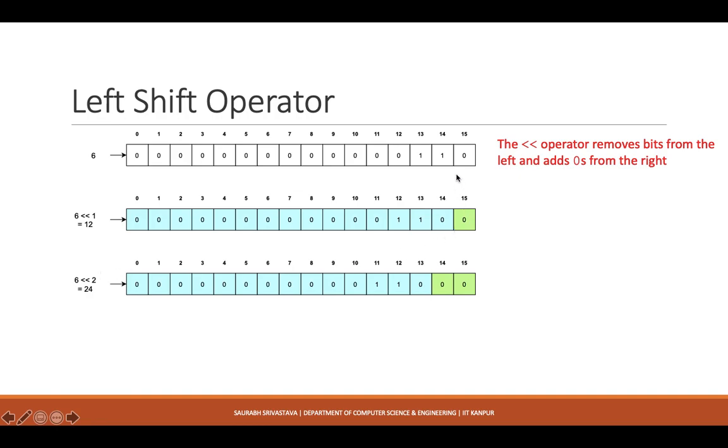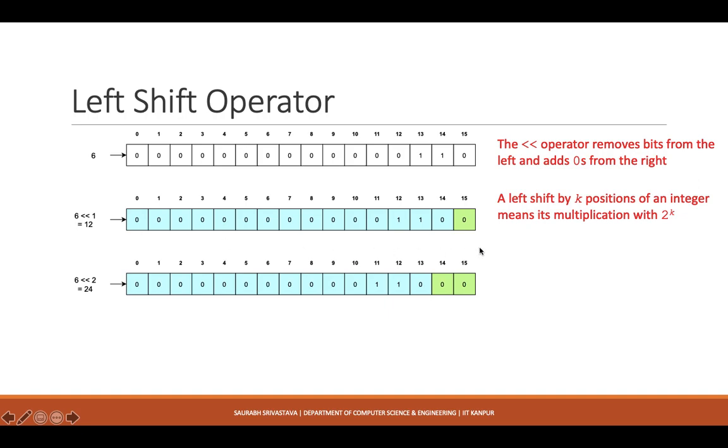Similarly, if you shift 6 by 2 positions to the left, then these two bits get lost, and everything gets shifted by 2. Two positions are vacant, which we pad with two zeros. Now a left shift by k positions of an integer means that it is getting multiplied by 2 to the power k.